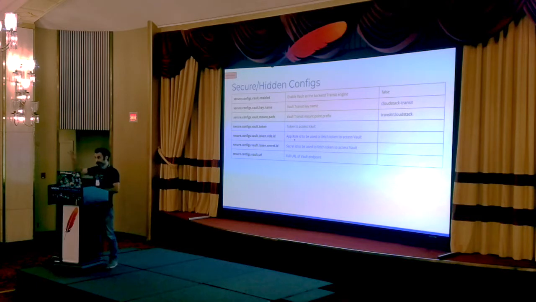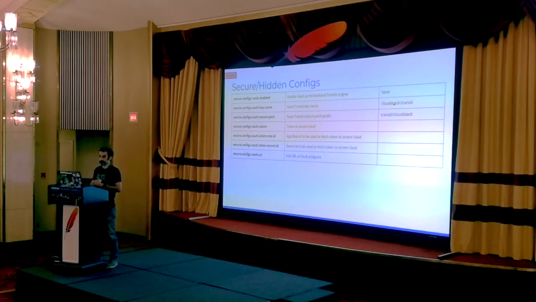Even these two, but for different app roles that you need to define for the transit backend engine. The same mount point prefix that you need to readjust or add more items at the end of, to make it absolutely unique across your whole infrastructure. This is the key name: when you want to use the transit as a backend engine, you need to provide a key name.